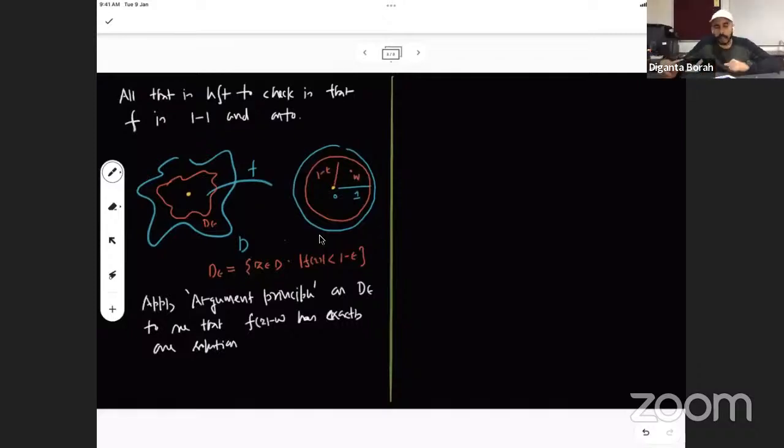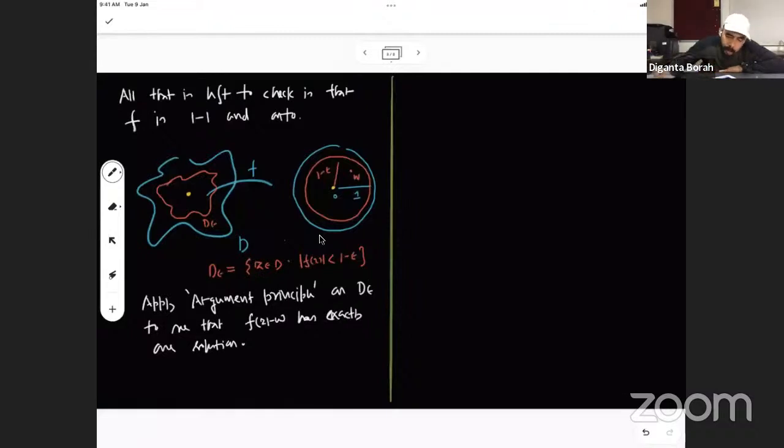Once you write down the argument principle, in this case it is 1/2 pi i times the integral of f prime by f minus w. You make a change of variable, you go to the right side, and immediately you will get this. That's exactly one solution. This is true for all epsilon sufficiently small.